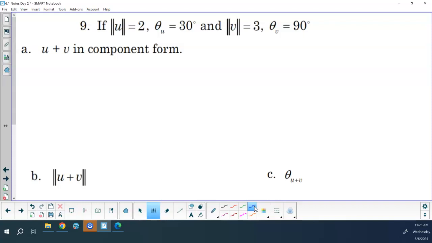What's vector u? Find vectors in component form first.